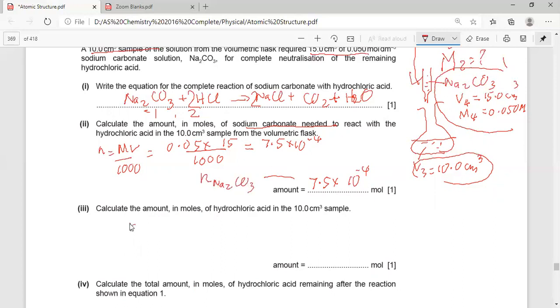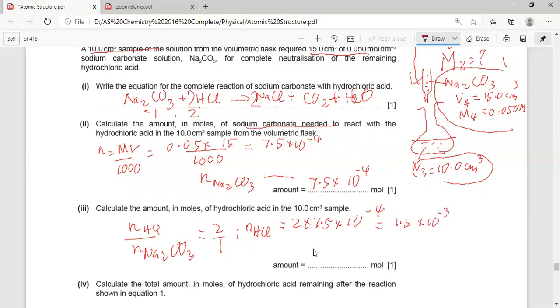So number of moles of HCl reacted over number of moles of sodium carbonate is equal to 2 over 1. So number of moles of HCl is 2 times 7.5 times 10 to the power minus 4, which equals 1.5 times 10 to the power minus 3 moles.